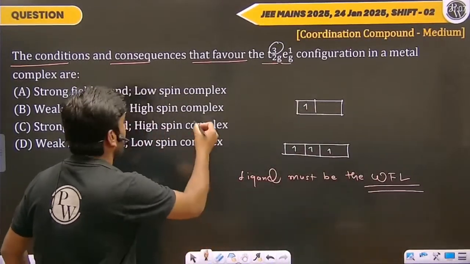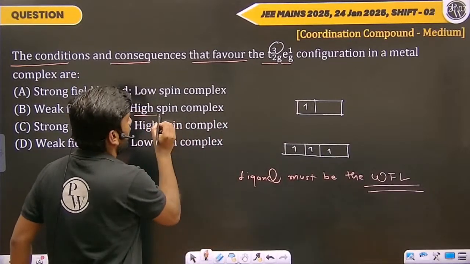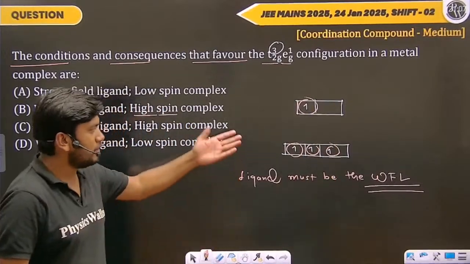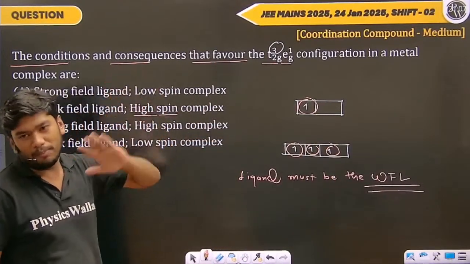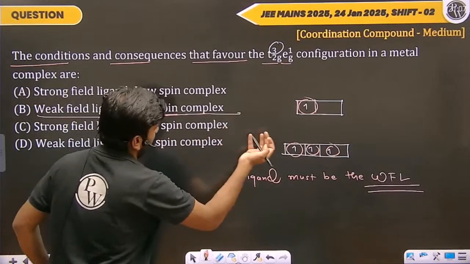And one thing, you can say the complex is high spin. This is a 1 1 2 high spin complex, because there is no pairing. Weak field ligand and high spin complexes, very easy.